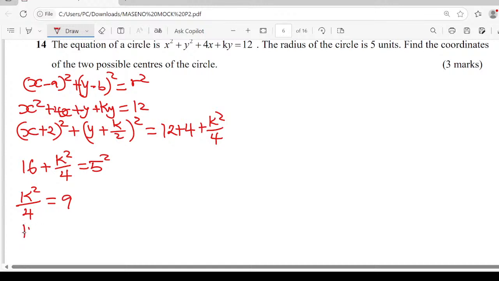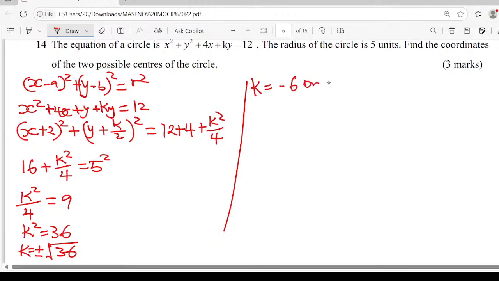So k squared will be equal to 36. So k will be equal to plus or minus the root of 36. That will mean that k can be equal to -6 or +6.